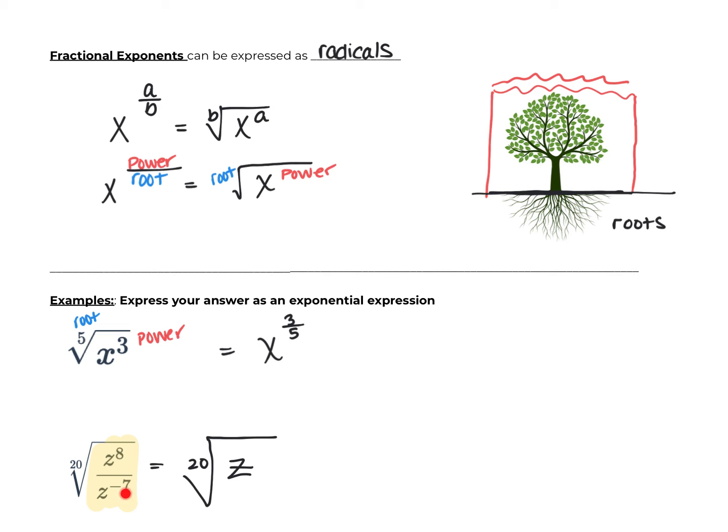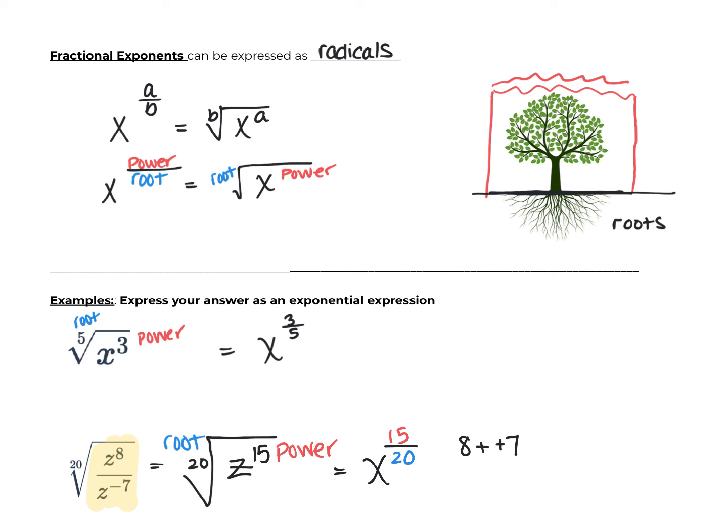So 8 minus negative 7 is the same thing as saying 8 plus 7, which is 15. So then we have our power and our root. So our answer is going to be x to the power, which is 15, over root, which is 20.